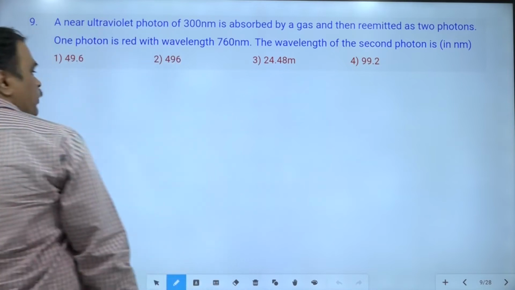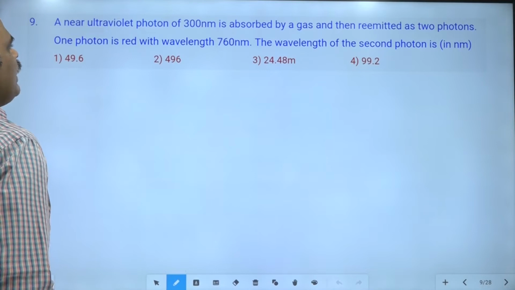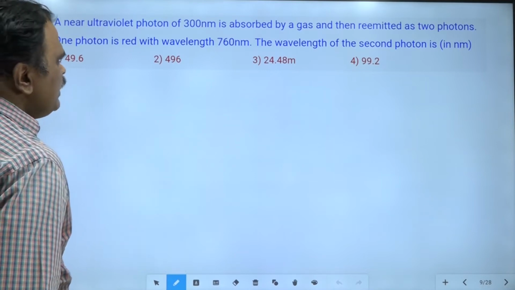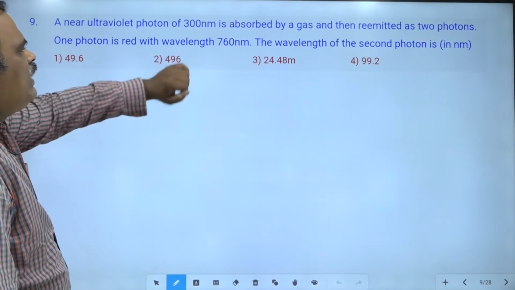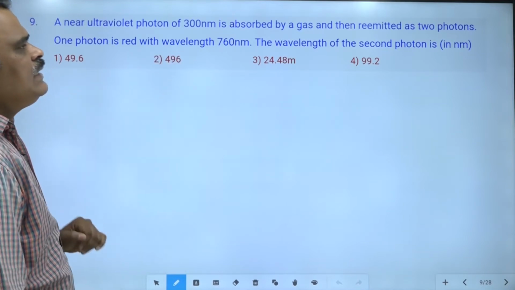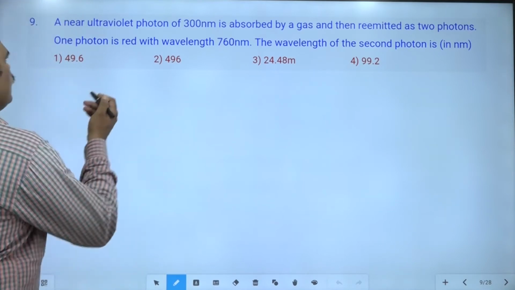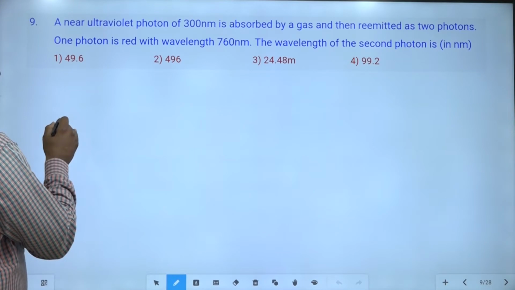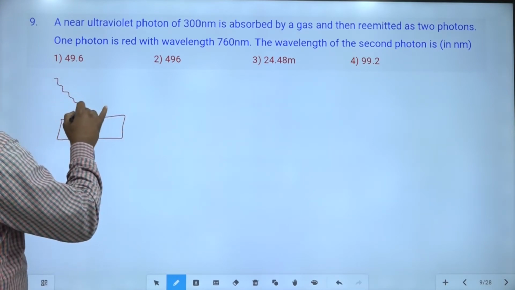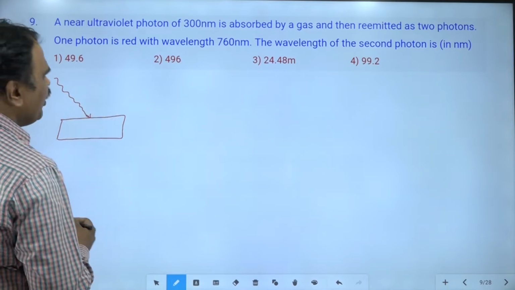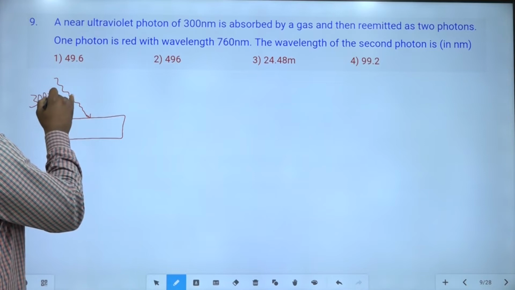So next question, this is an important model, listen carefully. A near ultraviolet photon of 300 nanometer is absorbed by a gas and then re-emitted as 2 photons. So this is a metal surface. A photon having wavelength 300 nanometer is the incident light.